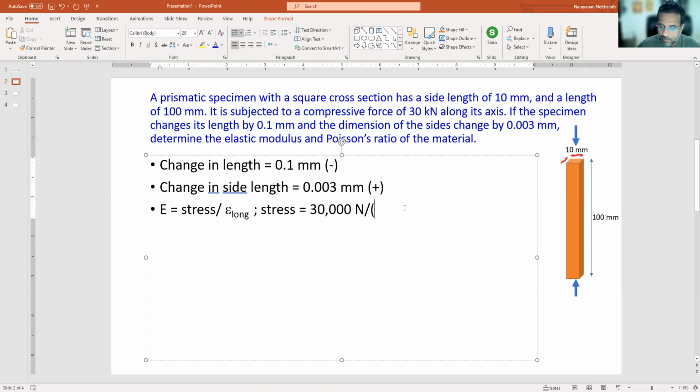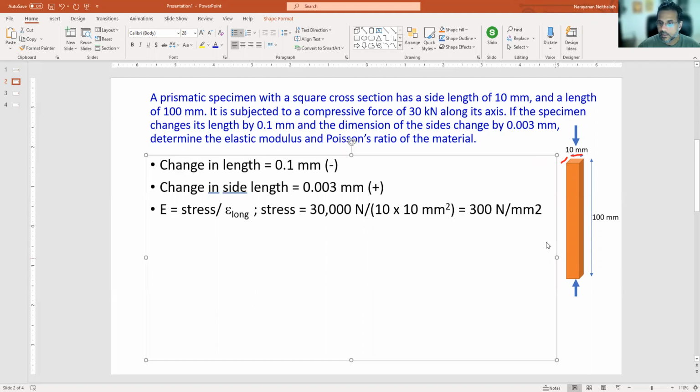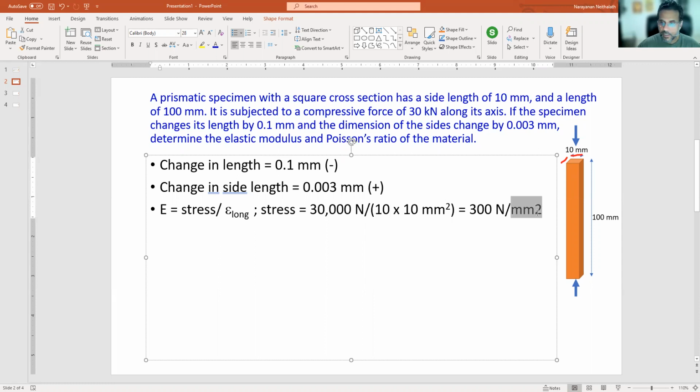Square cross section, 10 millimeter side, so 10 by 10 millimeter square is my area. And I will get a stress of 300 newtons per millimeter square or 300 megapascal. So 300 megapascal is my stress in this case.